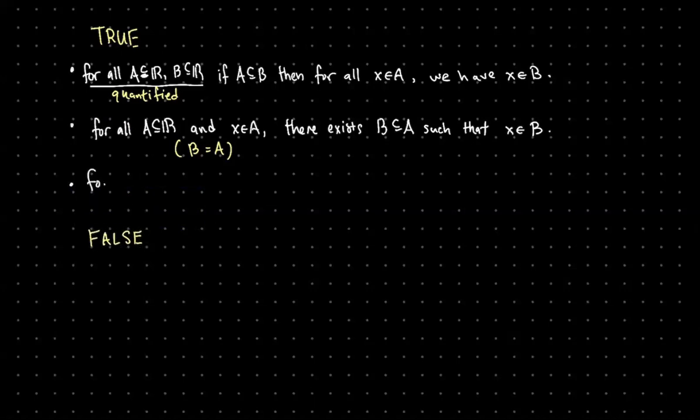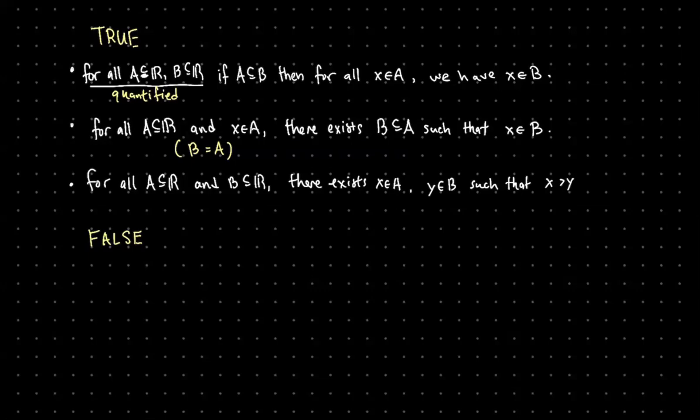So for all A, a subset of R, and B, a subset of R, there exists X in A, Y in B, such that X is greater than Y.